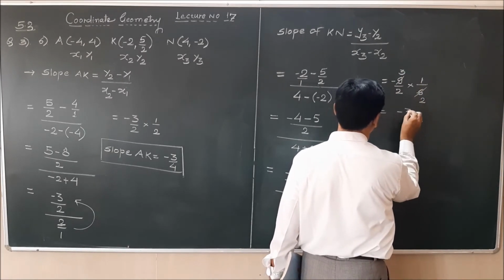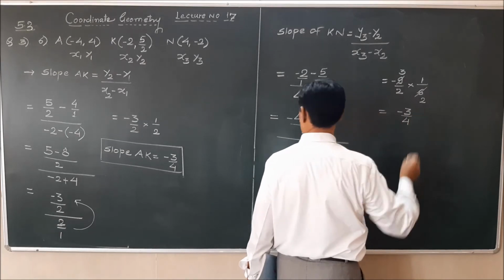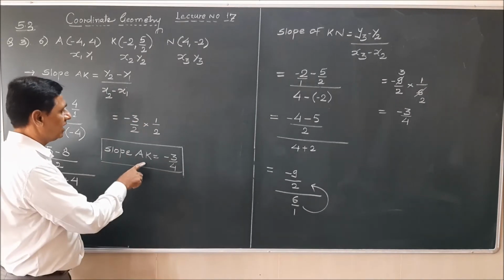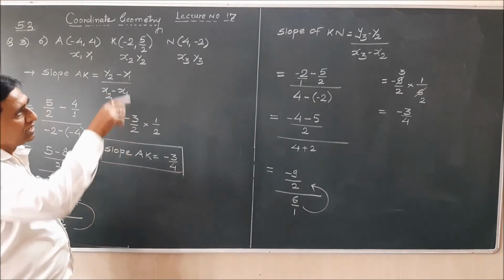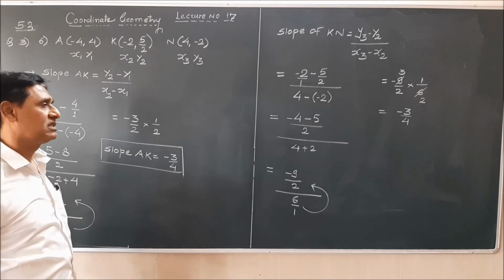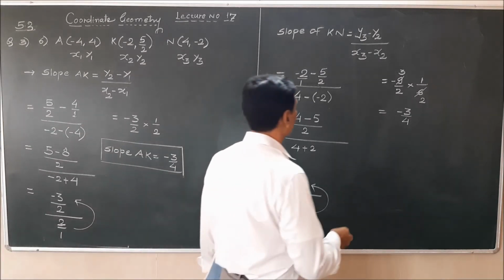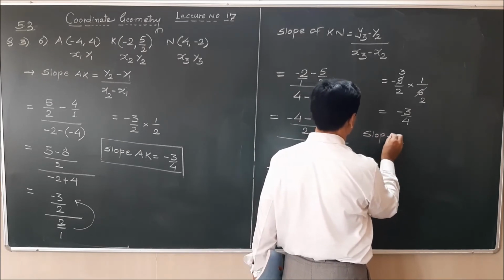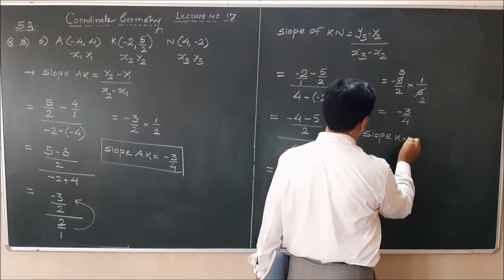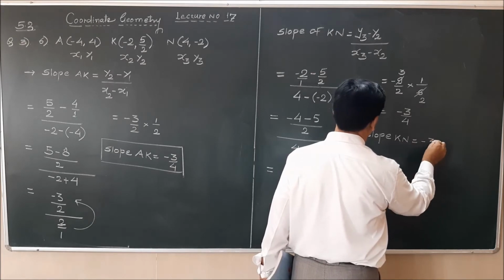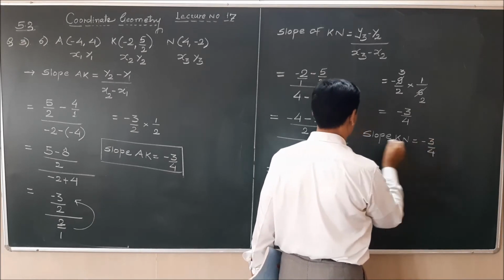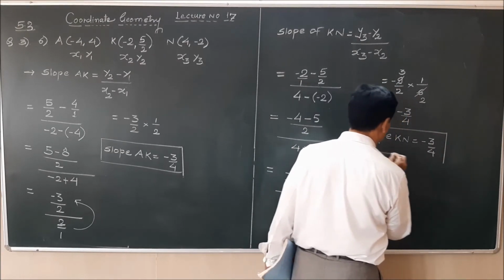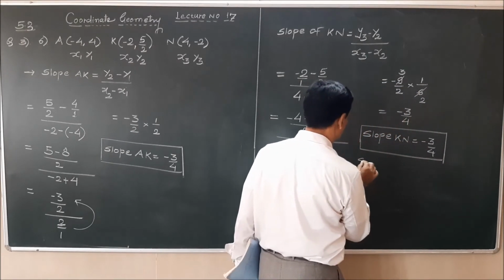So minus 3 upon 4. This is the slope of Kn. Slope of AK is minus 3 upon 4, as well as slope of Kn is also minus 3 upon 4.